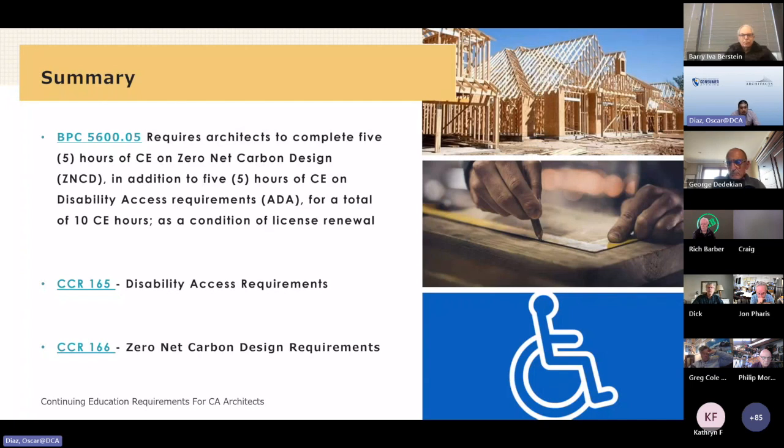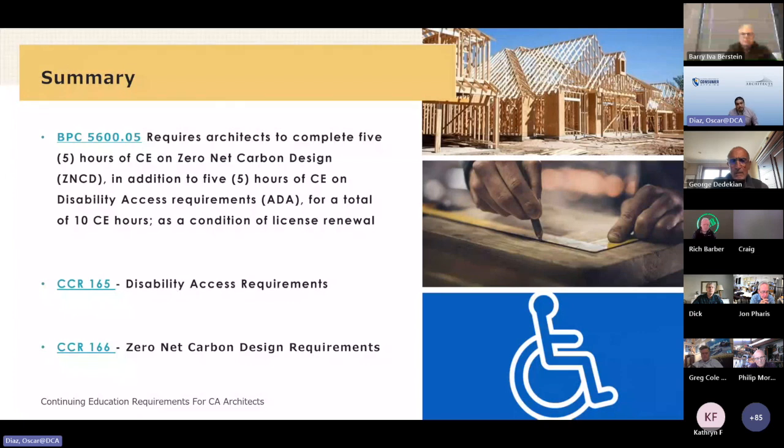This is important because many times we get questions, for example, an architect will call in and say, I did not complete my required CE, but my license is up for renewal. What do I do? Well, you are required to complete the CE because it is a condition of license renewal, which means you should not be renewing a license without having your CE completed before your current expiration date.